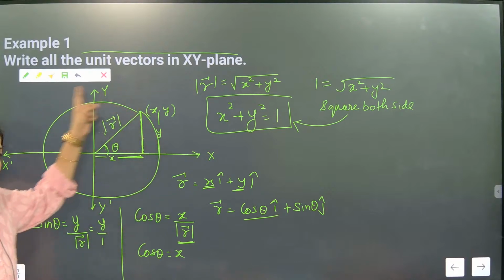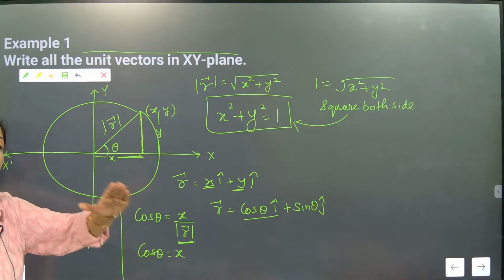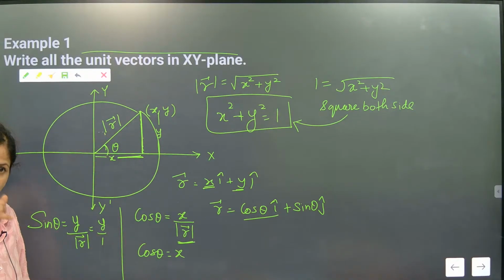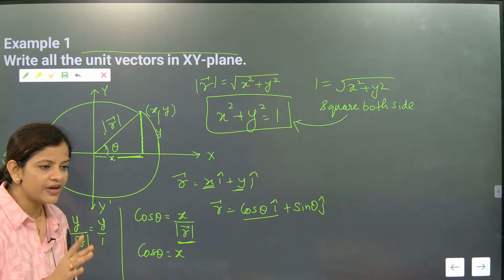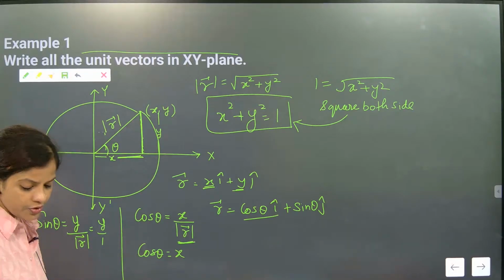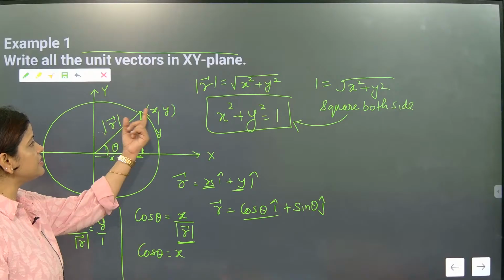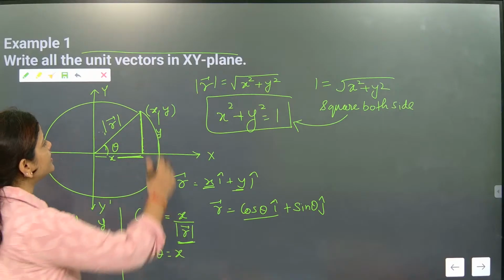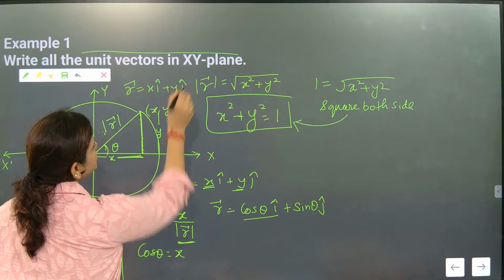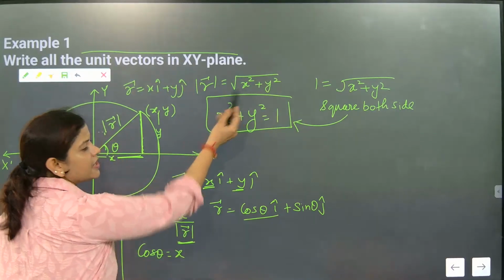They asked for a unit vector. Unit vector means any vector whose magnitude is 1 is considered a unit vector. So here R is the resultant vector I took. So R vector can be written as xi plus yj. But its magnitude will become what, beta?